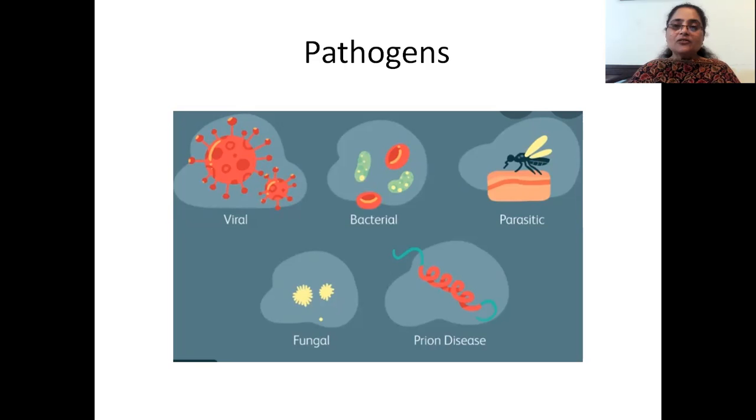And then as they multiply, they start infecting other cells too, and they cause problems. They even take up the immune cells' machinery and stop them from producing interferons. Interferons are the ones which are going to kill the virus, but they have taken up the whole of the machinery. So these viruses are strong agents which can cause infections.